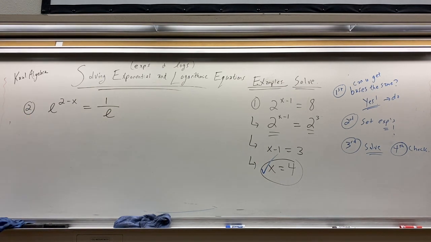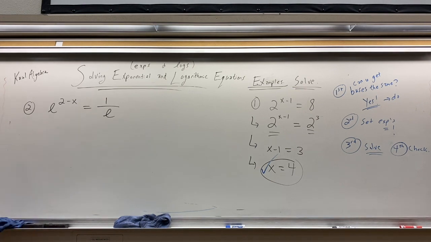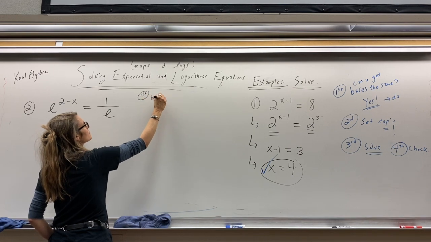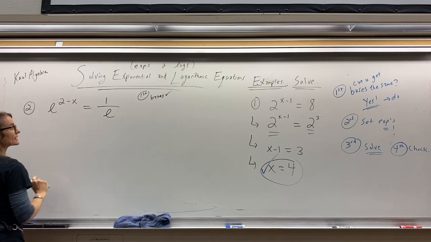Let's say I had e to the 2 minus x equals 1 over e. Just beware, my e's sometimes don't look e-ish, but that's an e. So can I get the bases the same? Yes, I can. I see that I have a base e on each side.